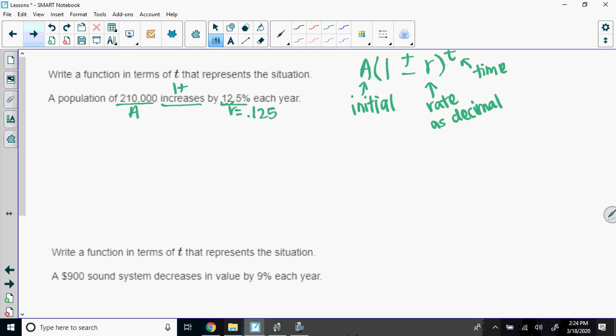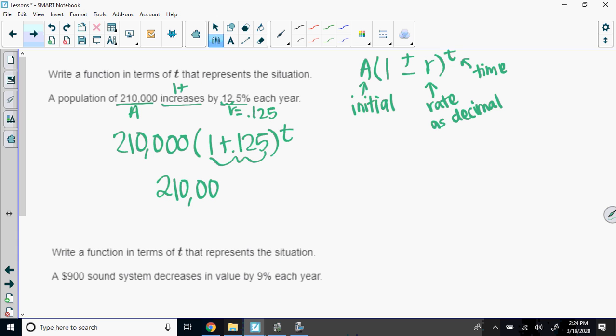And then we just plug it in. 210,000 times 1 plus 0.125 to the t power. t gets to stay t because it doesn't tell us how many years have passed. I can simplify this down, so it's 210,000 times 1.125 to the t power.